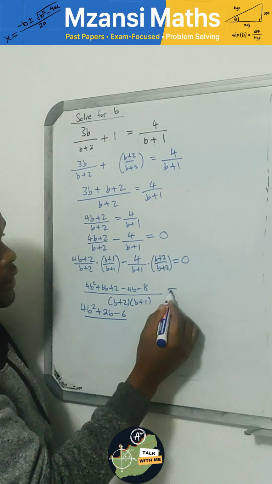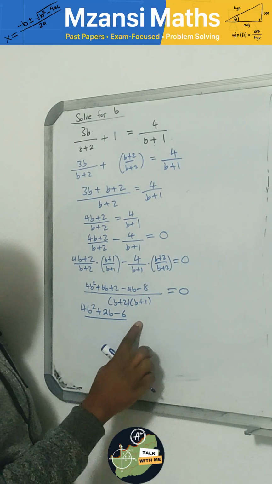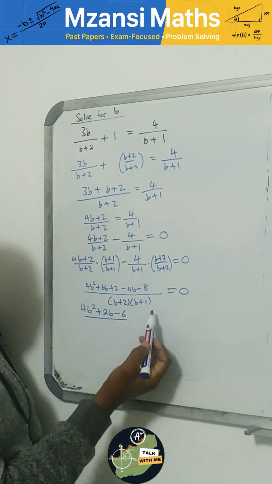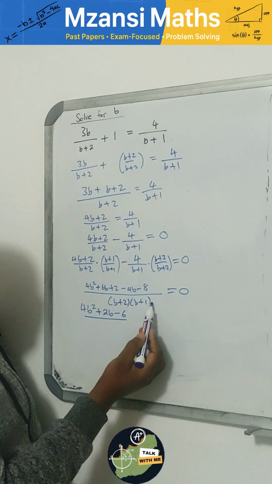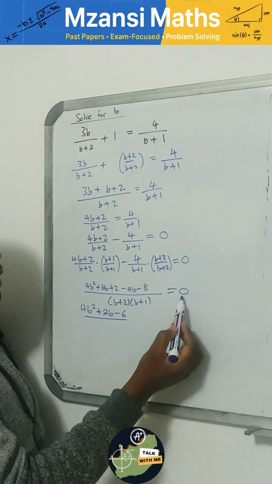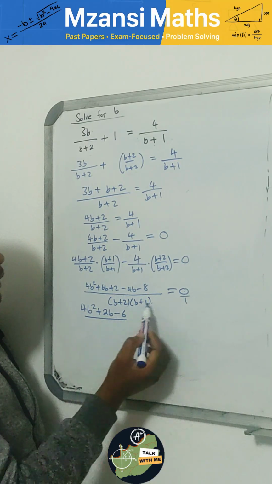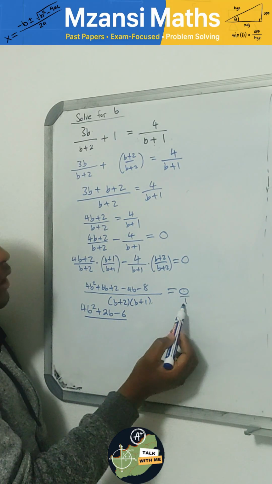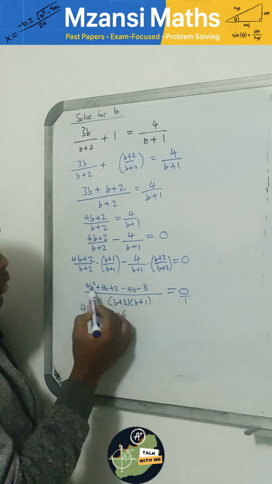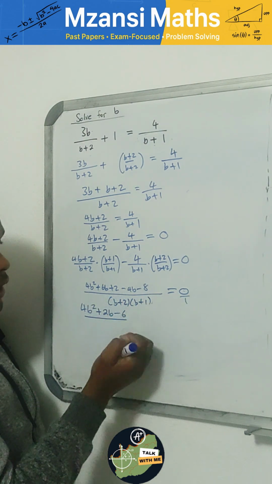Divided by, this is equals to 0, right? At this point, you can cross multiply this denominator times 0. Remember here we have over 1. This whole thing times 0 will be 0. This 1 times the numerator will be the numerator.